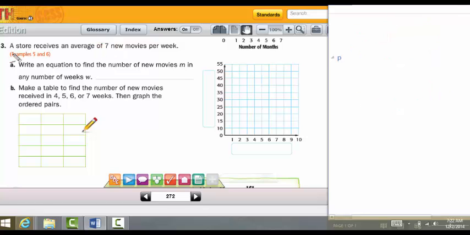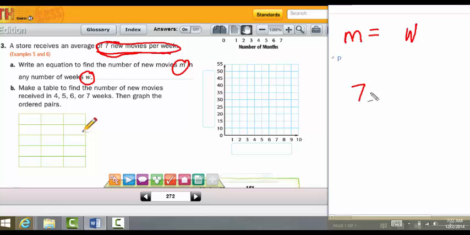Okay, problem number 3. A store receives an average of 7 new movies per week. That's a key stat there. Letter A asks us to write an equation to find the number of movies M, so that's going to be our output. M equals, in any number of weeks, W. So M equals some number times our input of W. But they also gave us this bit of information here, 7 movies per week.